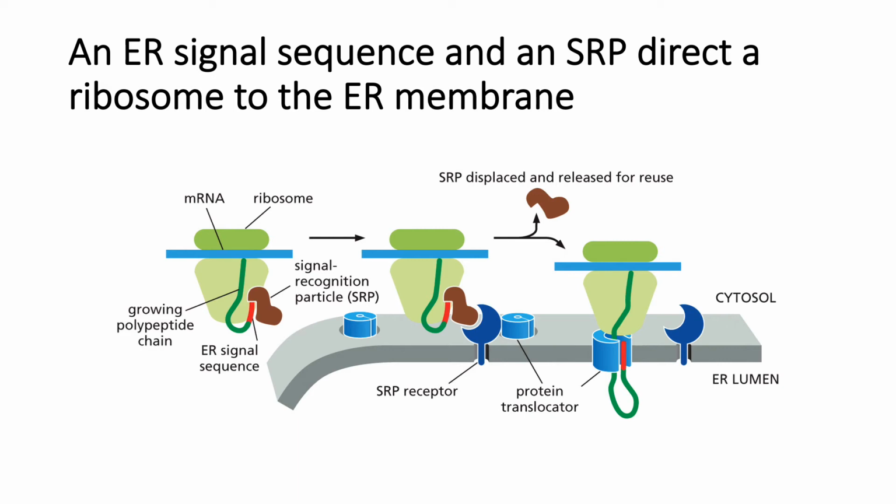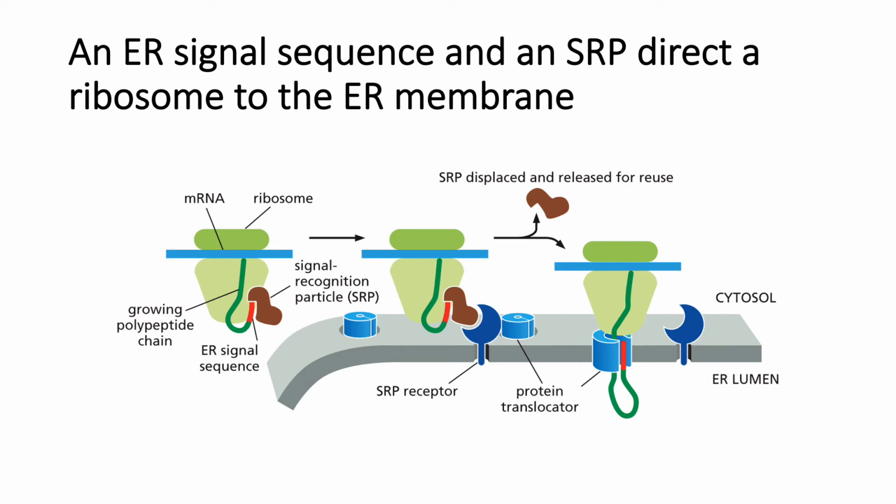Now, that signal recognition particle is released, but in the process, there's a transfer of the ribosome with the associated protein to this additional protein complex called the protein translocator. And so it kind of moves over. Actually, the ribosome interacts and links to the protein translocator.